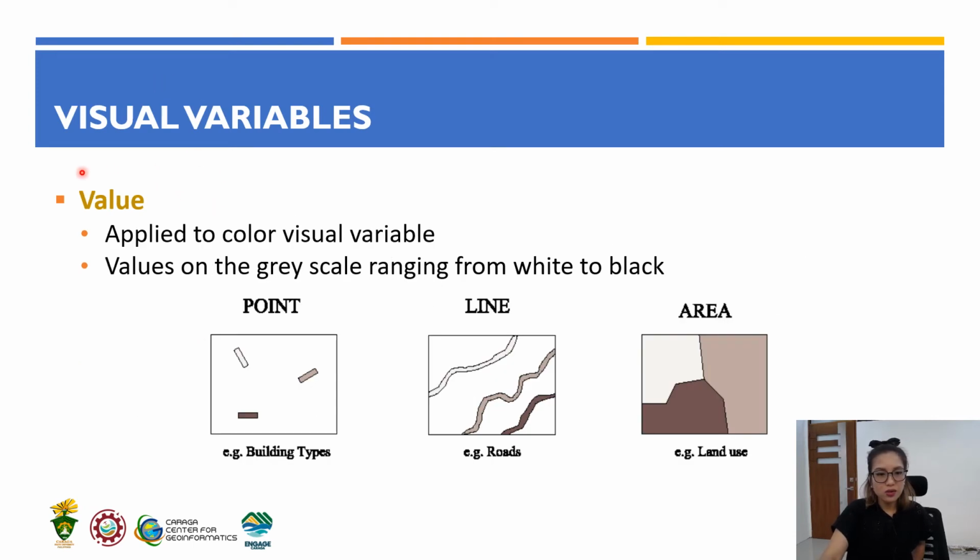So we also identified values as one of the visual variables. Applied to color, the visual variable values are on the gray scale ranging from white to black. So I actually love to use these kinds of transitions, like grayscale to black.